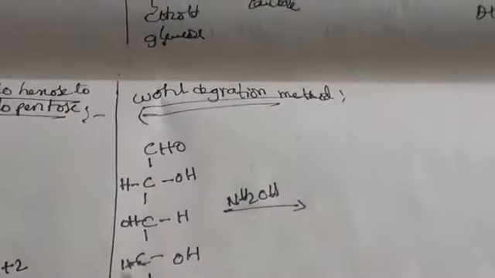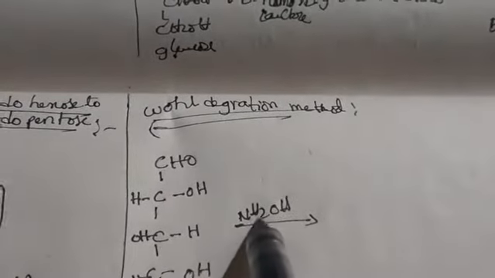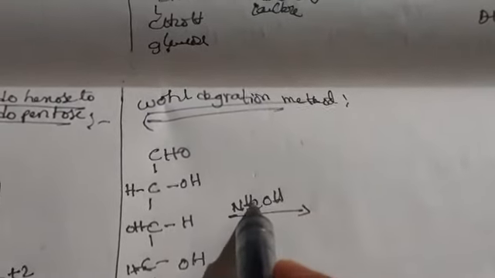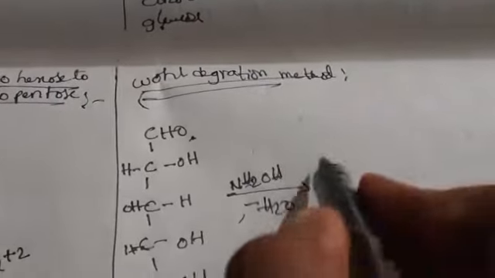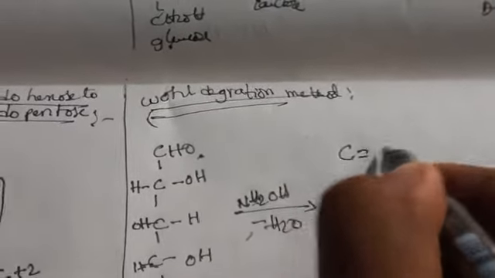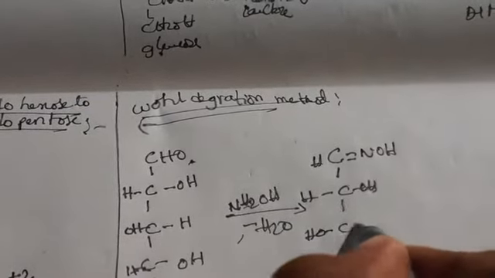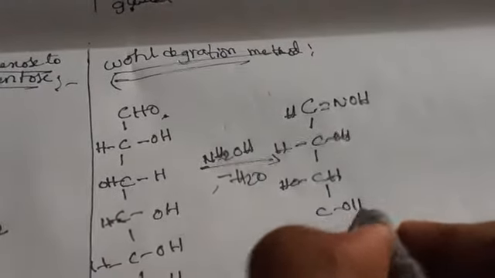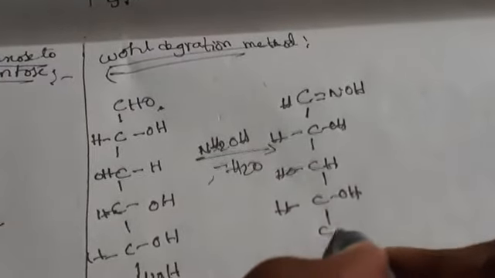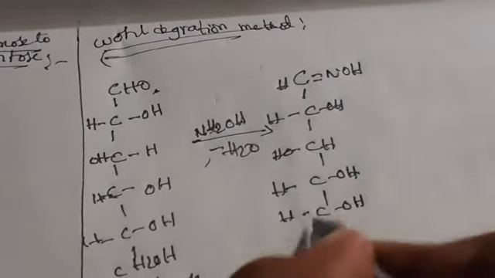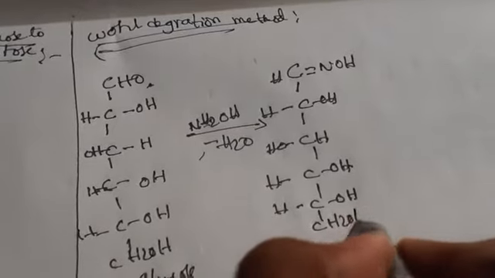So what will happen in the cyclic structure of glucose? I have explained this to you. An oxime is going to form, so this O and H2 are eliminated as H2O. So you are going to get C double bond NOH, CH, OH, H, OH, H, OH, H, OH, H, CH2OH.